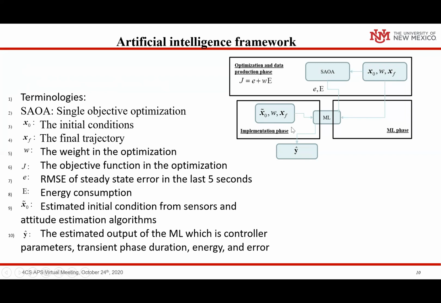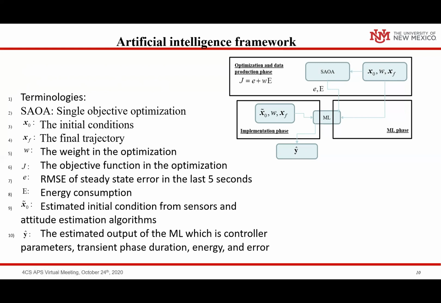In the implementation phase, the estimated initial condition from the sensors and attitude estimation algorithms are given to the machine learning, and also the weight and the desired final trajectory. Then we obtain the estimated output of the machine learning.